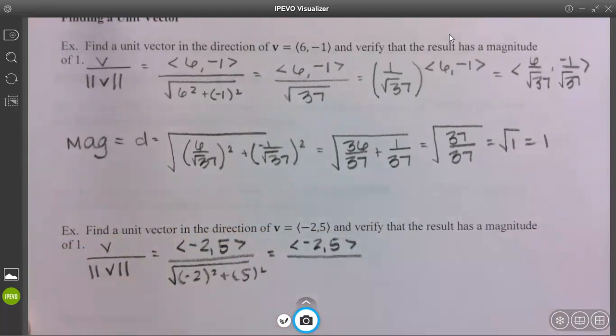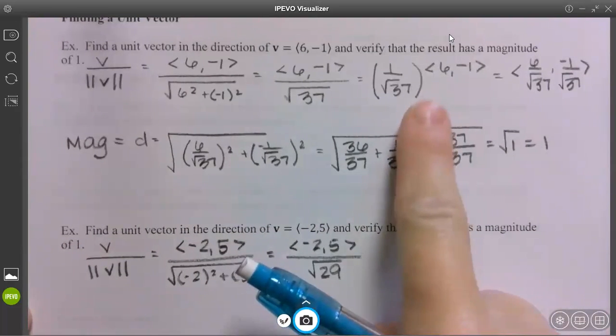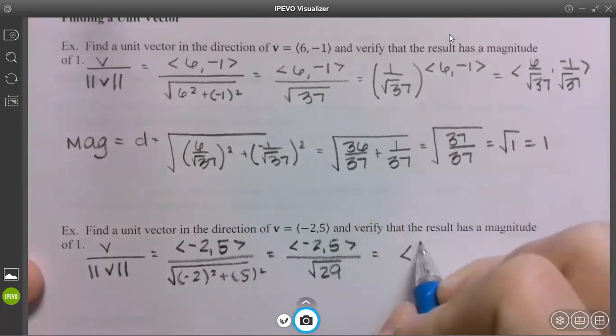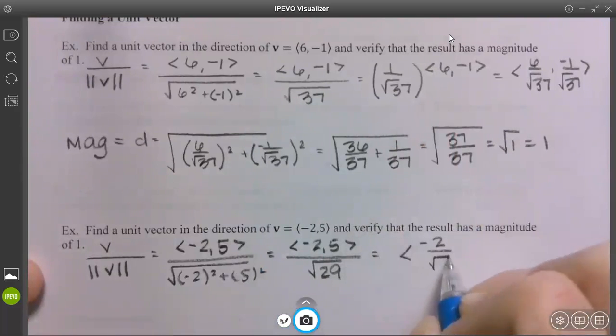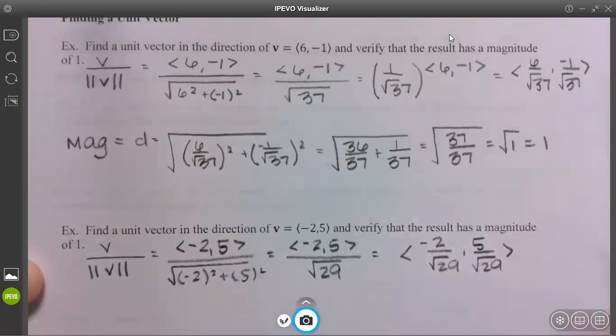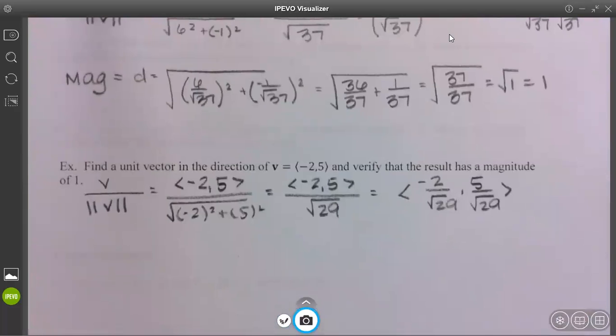That will simplify down to 4 plus 25, which is the square root of 29. And remember, I told you can skip this step where you pull them apart. You can just write it as -2 over the square root of 29 and 5 over the square root of 29. So that is your unit vector.